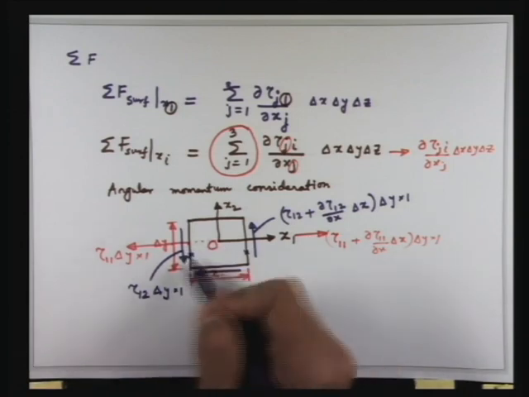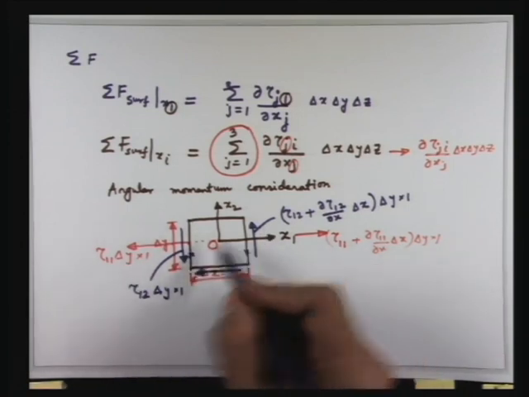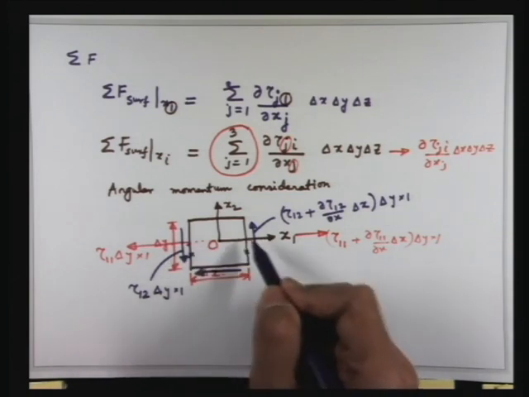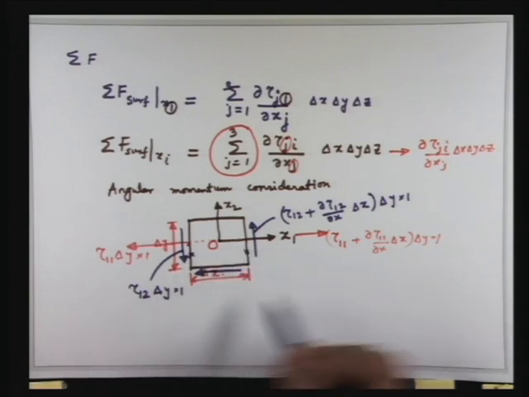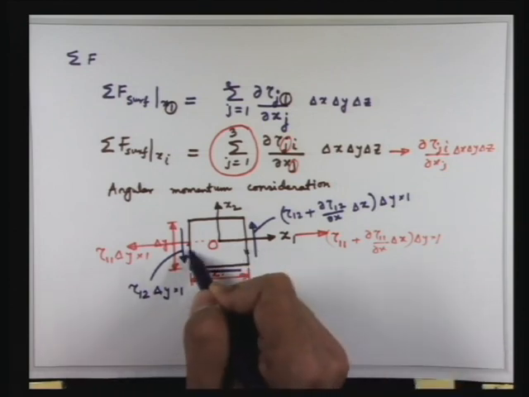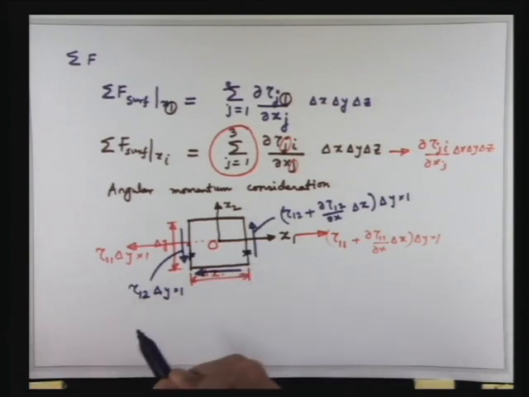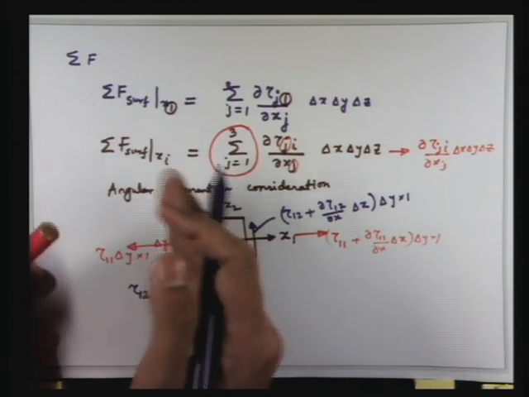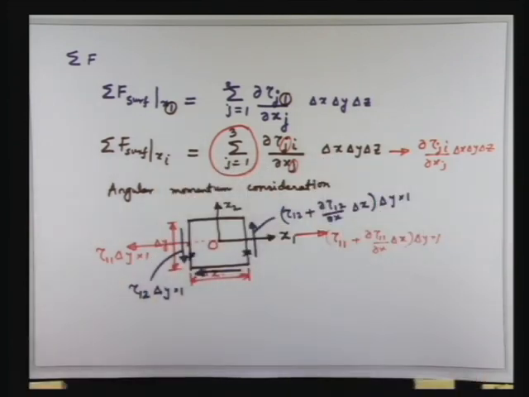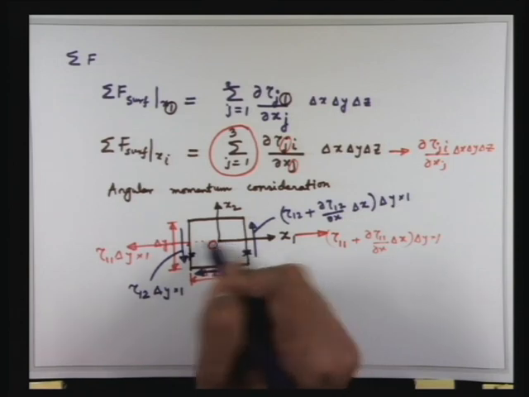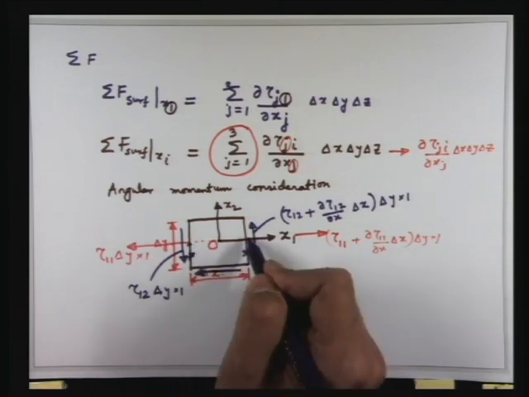So you could assume tau 1 2 here, then it will be minus delta x by 2 here and plus delta x by 2 there. Yes, that is the x direction. So if this is tau 1 1, what is the change in x from here to here? That is delta x. Okay. So it depends on what you are considering here. Of course, strictly speaking you should consider tau 1 1 here, tau 1 2 here, and here minus delta x by 2 and here plus delta x by 2.